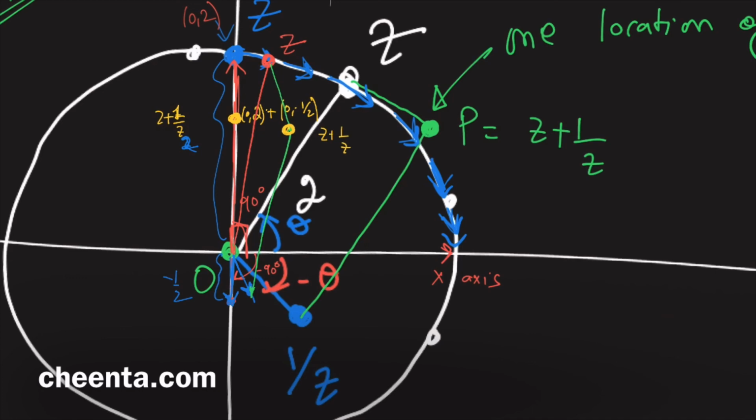Similarly, you can draw the third point. You should keep on pushing this point. Maybe z is here. Just flip it to get 1 over z, which is here. And we can again do the parallelogram law of vector addition and get the next point.